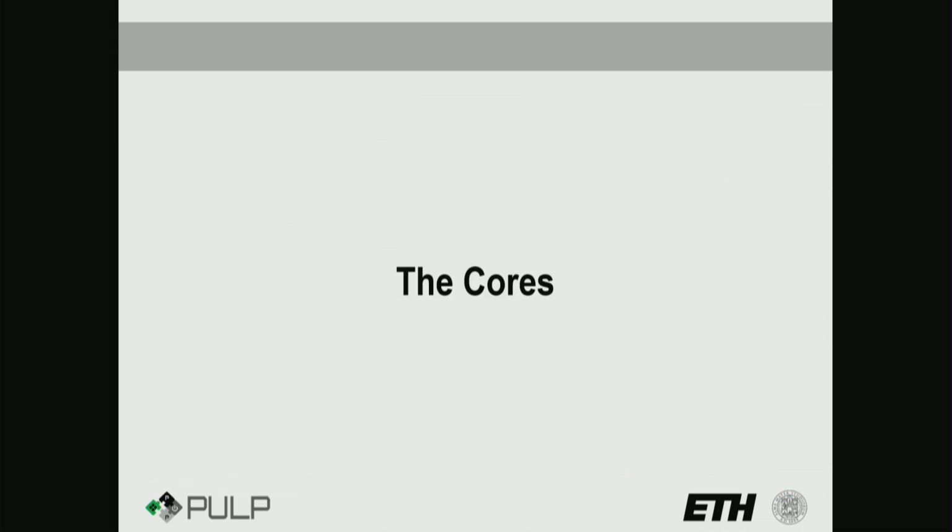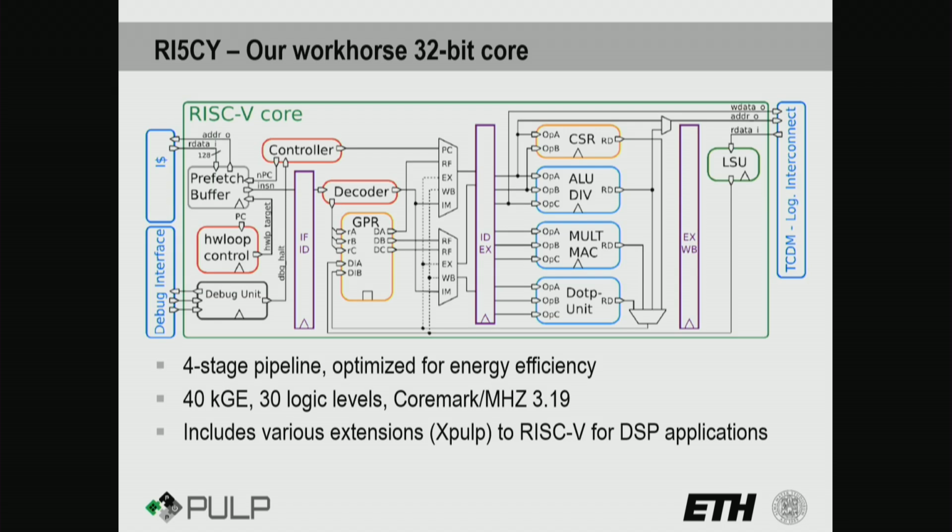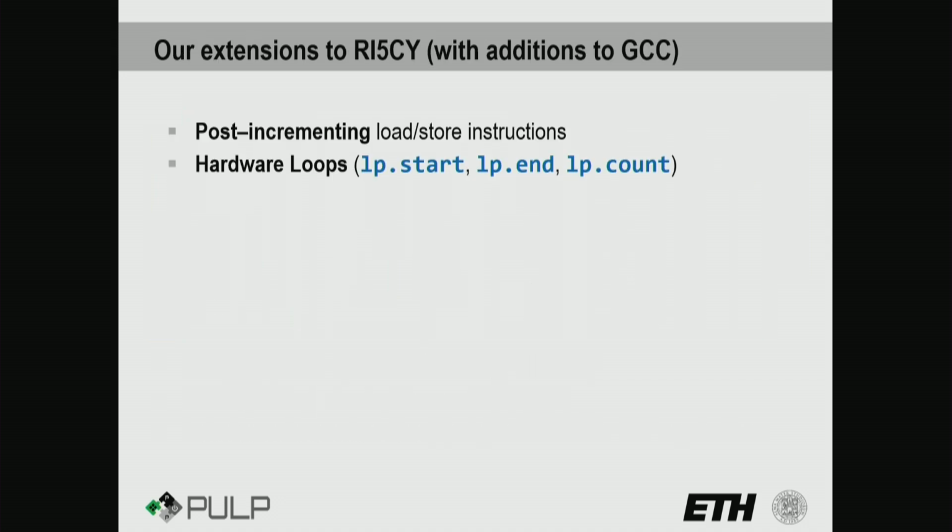So talking about the cores a bit, the RISC-V core, this is our 32-bit core. This is our main workhorse. This is what actually drives most of the Pulp chips. It's a 4-stage pipeline core, which is optimized for energy efficiency. It's around 40 kilogates, 30 logic levels. CoreMark is around 3.2. And it has various Pulp extensions that we added to the instruction set architecture.